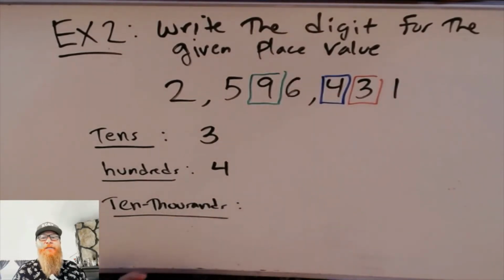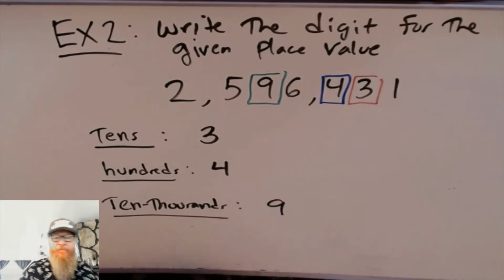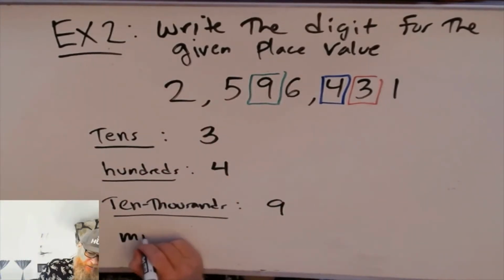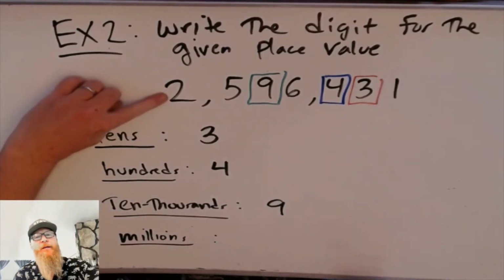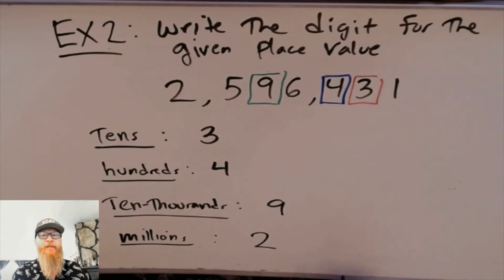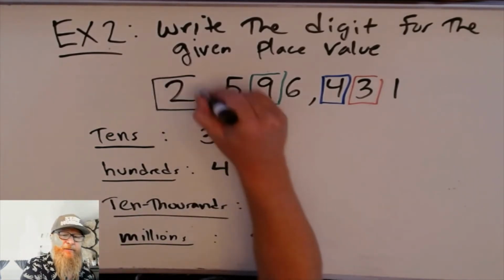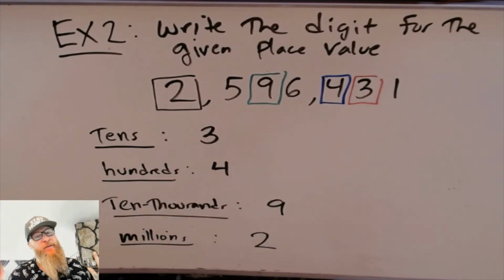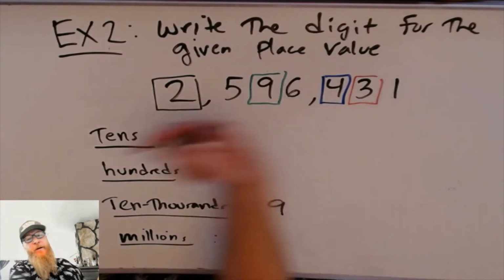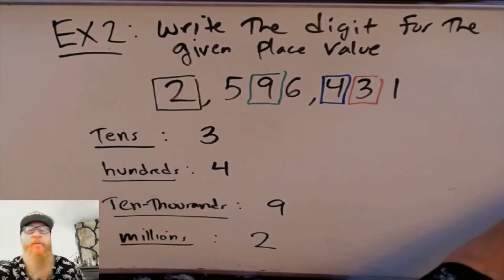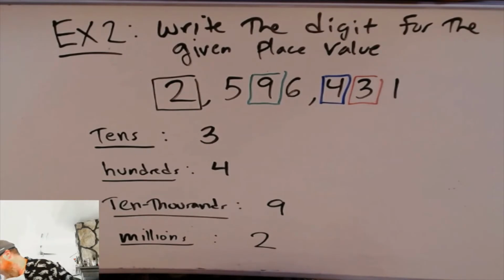So the 10,000s place would be 9. And then as we move along, we'll go to the millions. Millions is 2. 2 is the digit that's in that place. I don't always ask for every place value, but you should know them all from right to left. We could keep going. Maybe I'll do another example with a much larger number and we'll see what happens there.